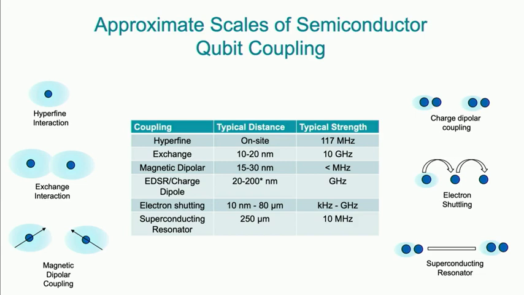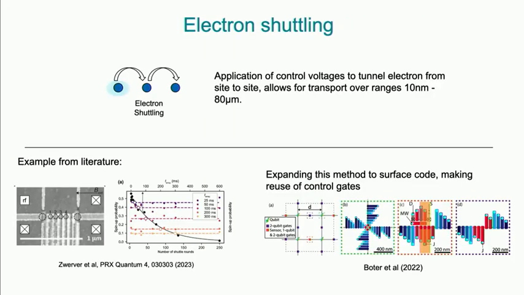You could also think about shuttling electrons around, so moving an electron from site to site through several dots and move your electrons physically around. Or you can imagine coupling to superconducting resonators, and all of these would be paths towards much larger scale architectures that we might like to pursue.